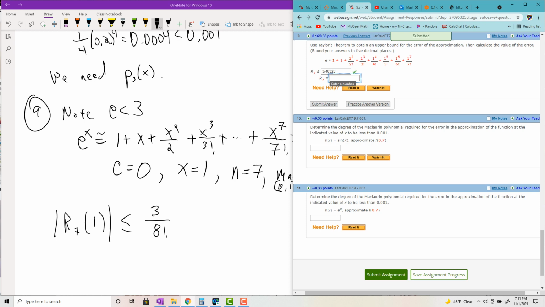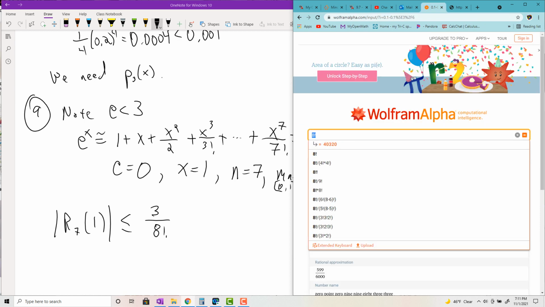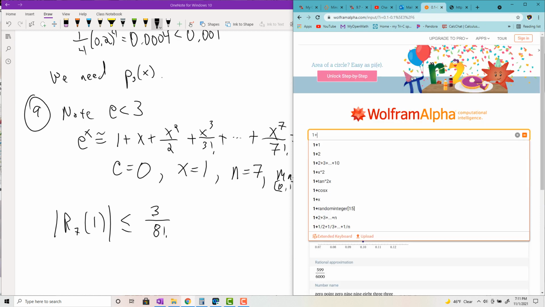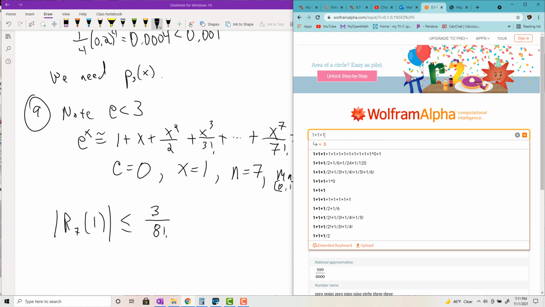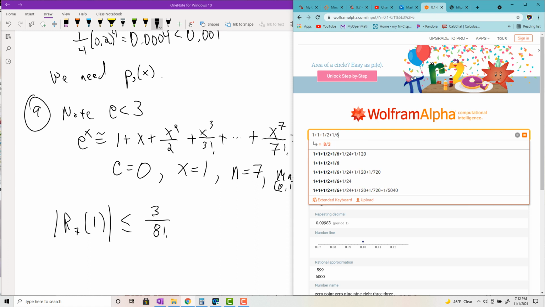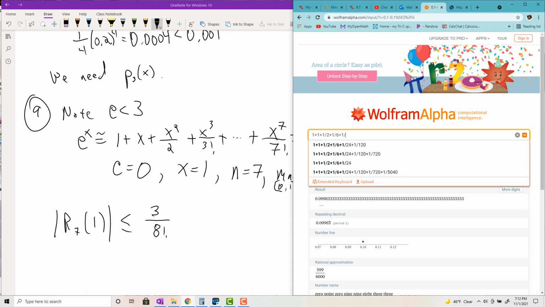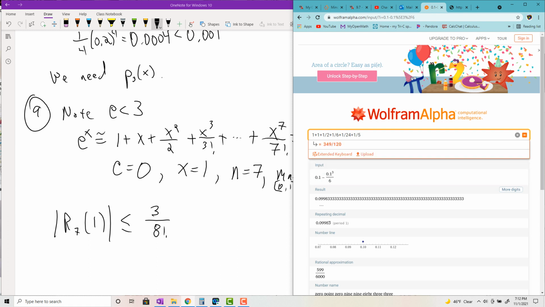Okay, and then they actually want that approximation, so then you're going to have 1 plus 1 over 2 plus 1 over 6 plus 1 over 24 plus 1 all over, that was 4 factorial, so 5 factorial, which is like 120, plus 1 all over 6 factorial plus 1 all over 7 factorial.